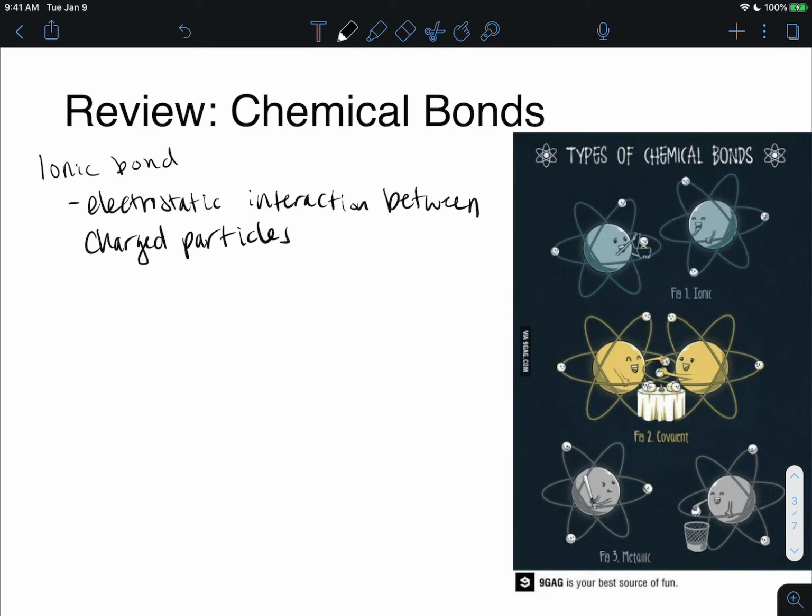And here we're talking about full charges. So this is a fairly strong attraction. And the attraction, that electrostatic attraction itself, is the bond.